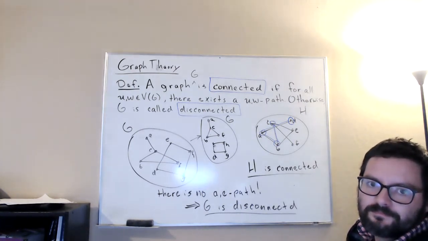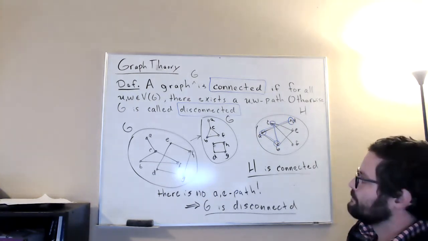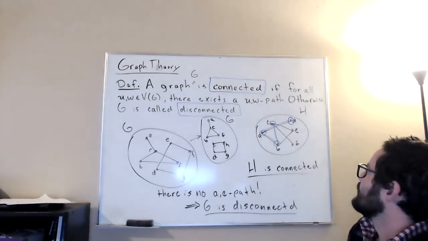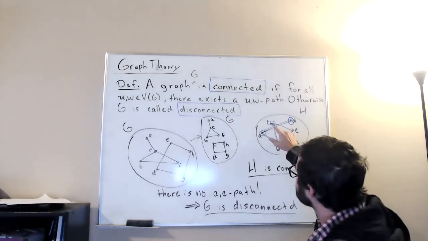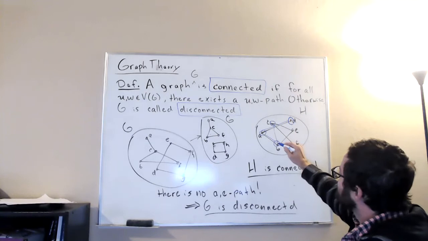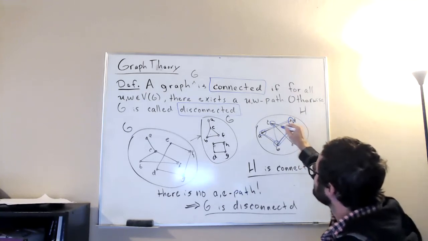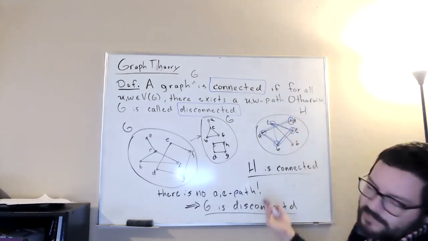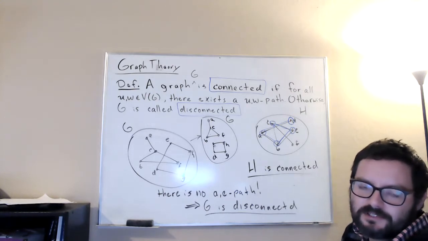Oh, so it doesn't have to use up all the vertices. You just have to find the shortest. You don't have to necessarily find the shortest one either. You could go from D to A to B to E to C. And that's another DC path.